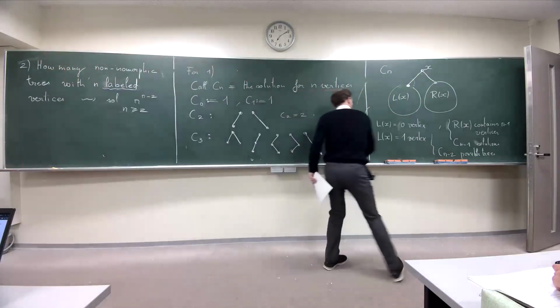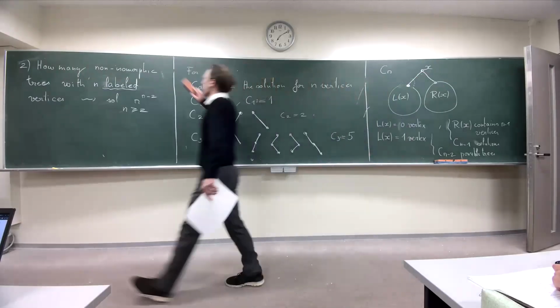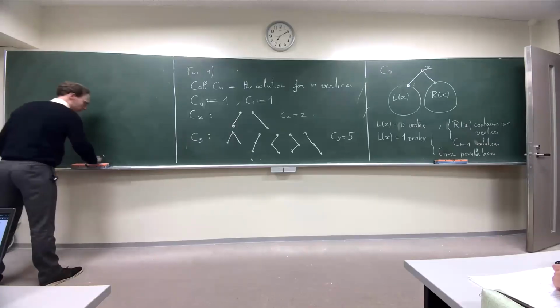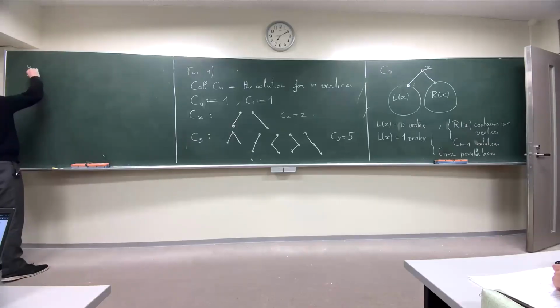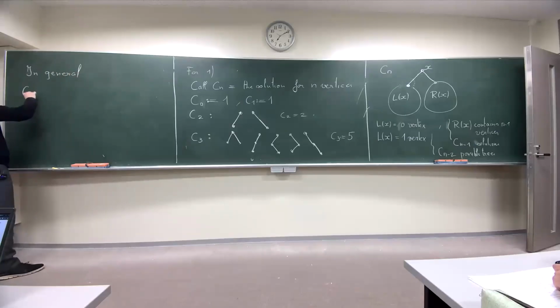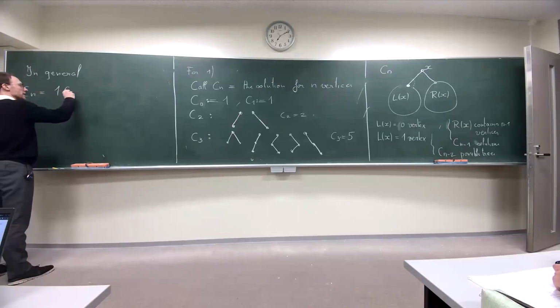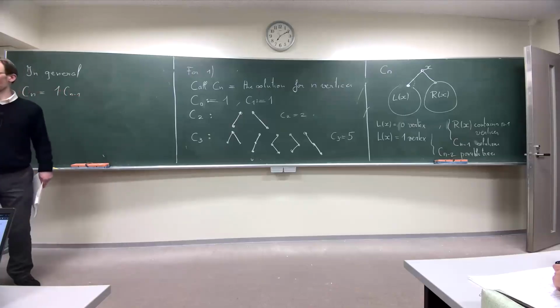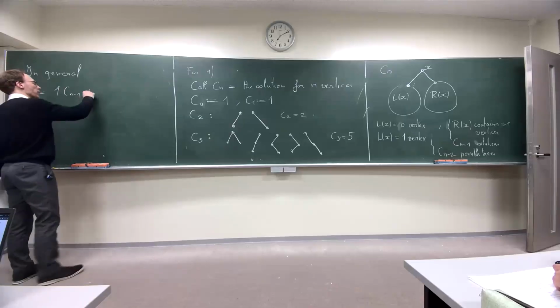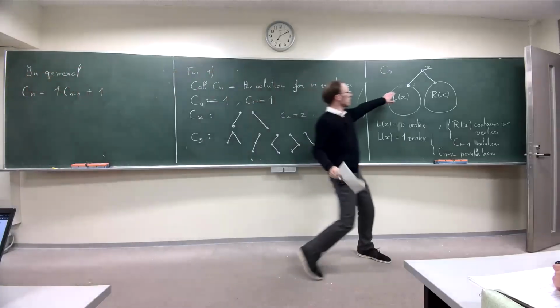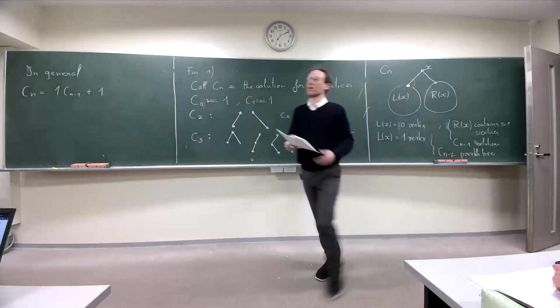So what is the general relation? Now Cn, in general, is given by 1 times Cn minus 1. This is the first possibility. Then you have plus 1 times Cn minus 2, because with 1 vertex, you have only one solution.